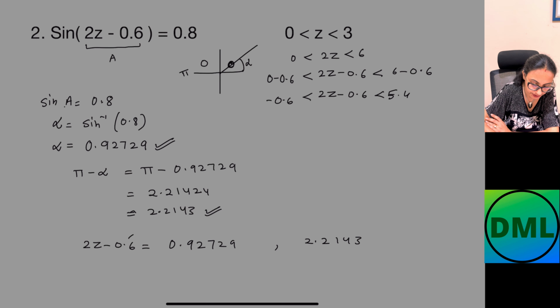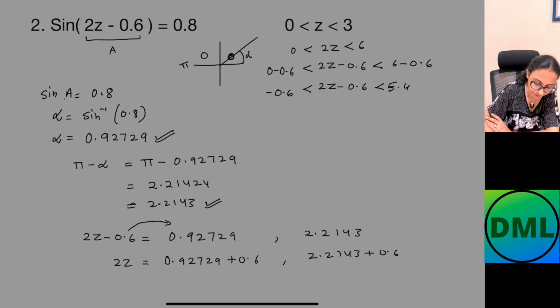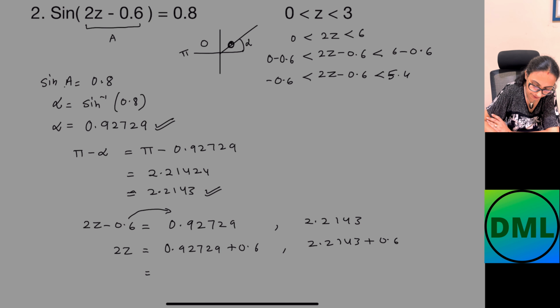I need to move this 0.6 to the right hand side to get the answer for 2z. 2z is equal to 0.92729 plus 0.6, and 2.2143 plus 0.6. If you add it, your answer will be 1.5273. Here your answer will be 2.8143. These are the two values for 2z.